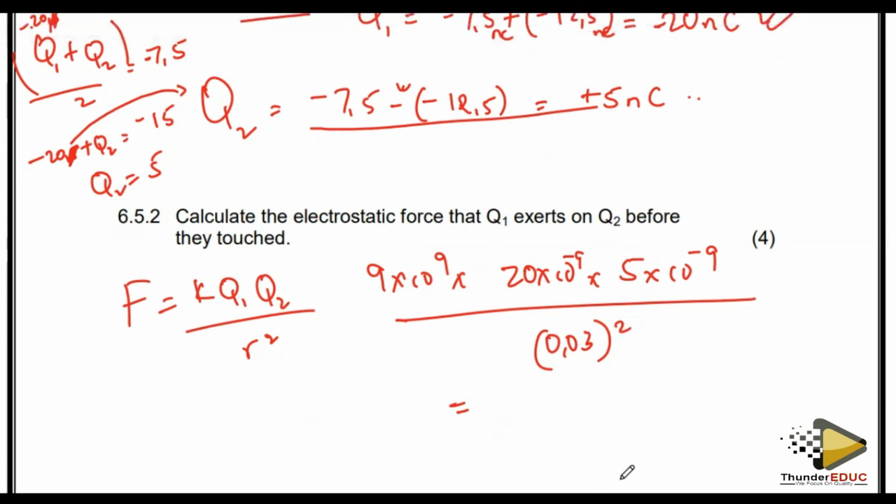You want to put that in the calculator, dividing by 0.003 squared, having 0.01.